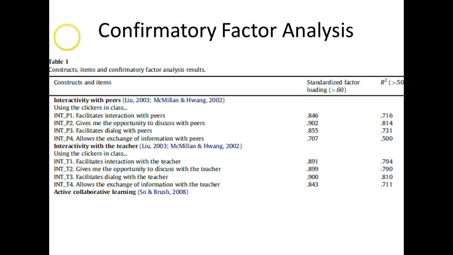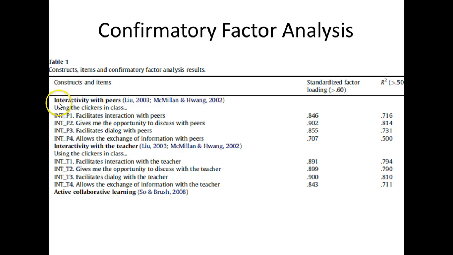So the idea is that a statistical analysis can be performed to help the authors understand how each item on the survey can be related or grouped with other items. And then once the authors see how the items are grouped, they actually give the items a name.